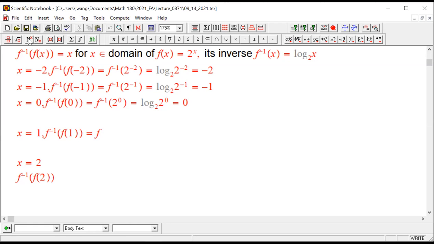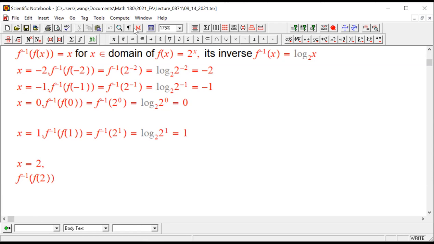So f inverse of 2 to the power of 1 equals what? We put in the logarithm, log base 2 of 2 to the power 1, and that equals 1.